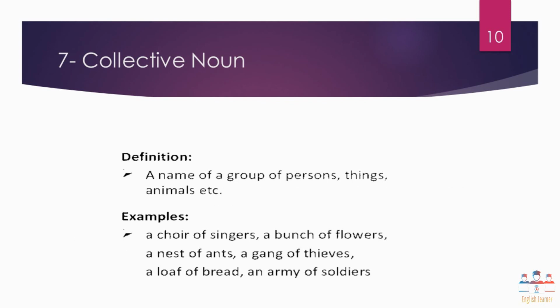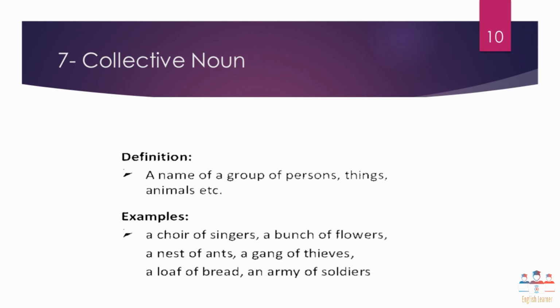The next category is collective noun. In this category, two or more nouns or uncountable nouns are included, and we deal with those nouns as a single unit. Definition: a name of a group of persons, things, or animals which have a single identity.